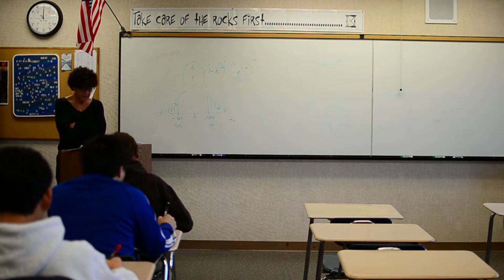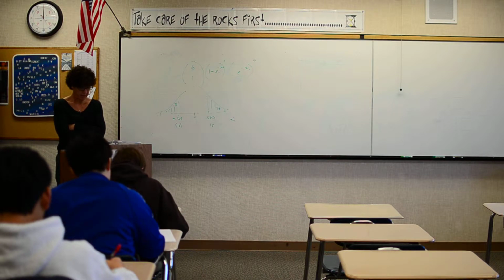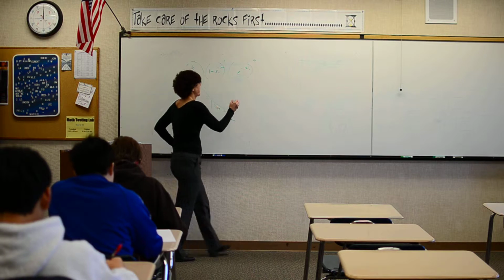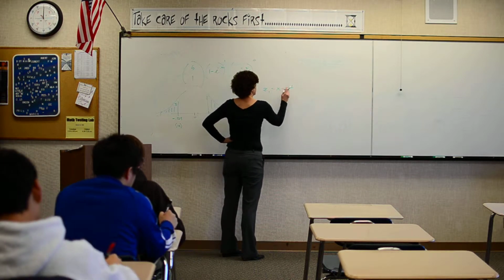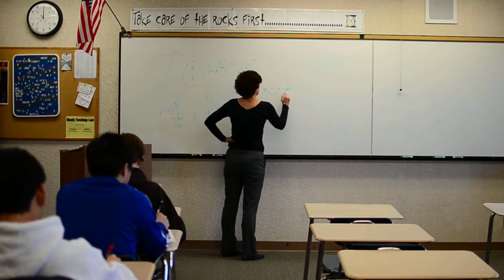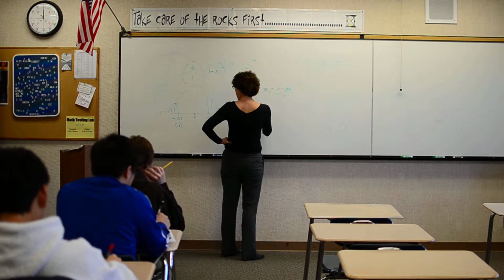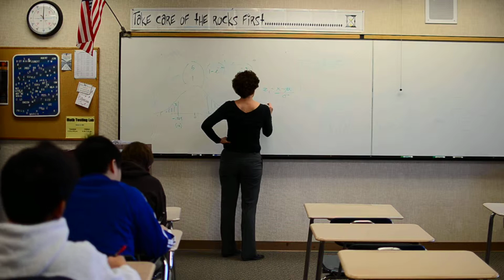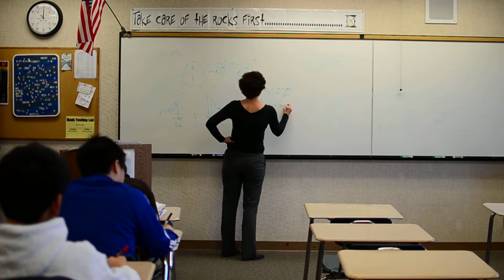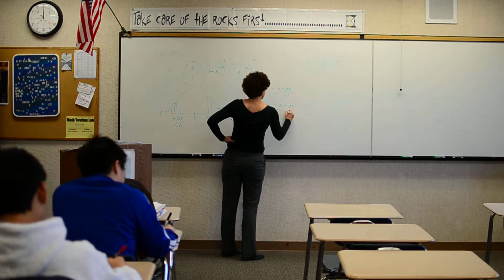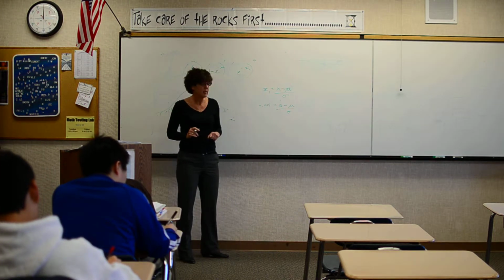How do I find the mean and the standard deviation? Use the x minus mu over sigma. Yeah. Okay, so I'm going to have negative 0.524 is equal to 10 minus whatever mu is over the standard deviation.